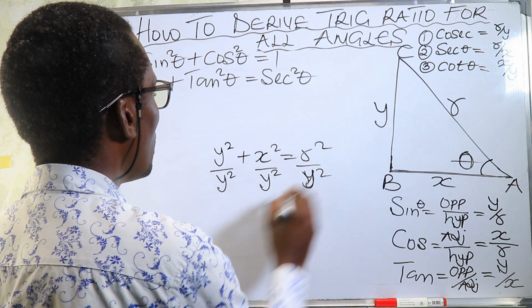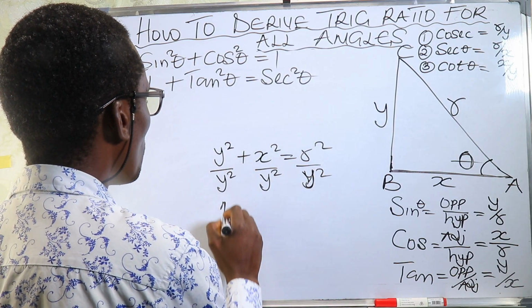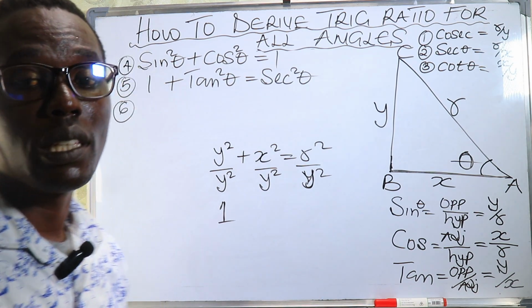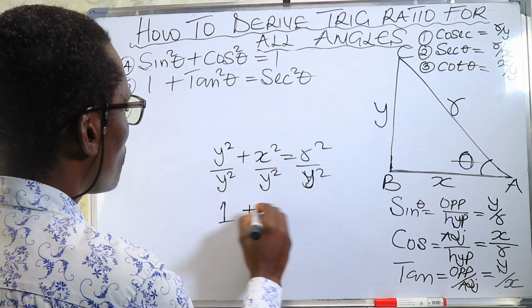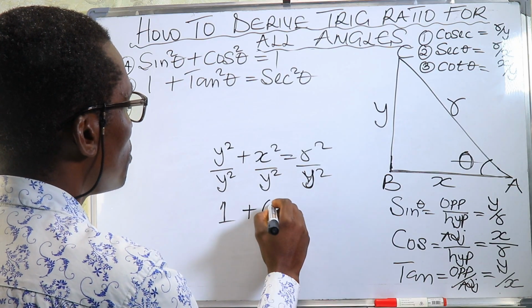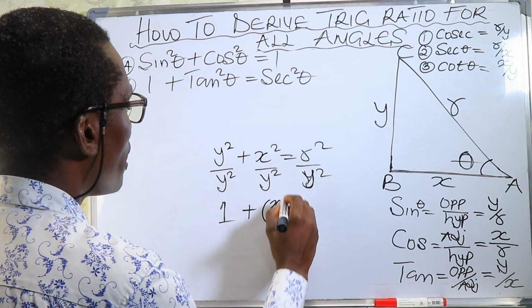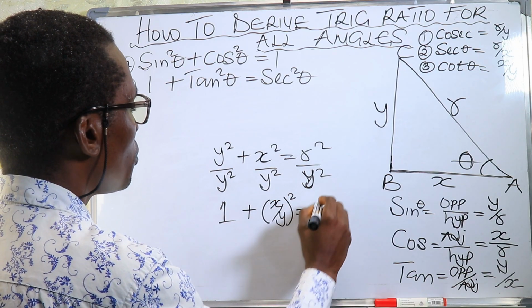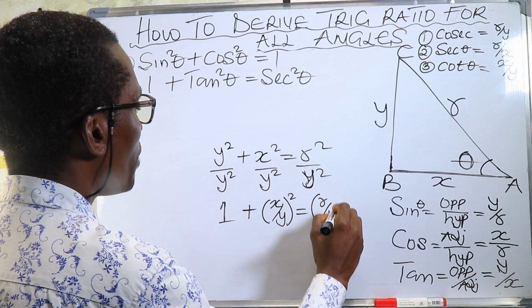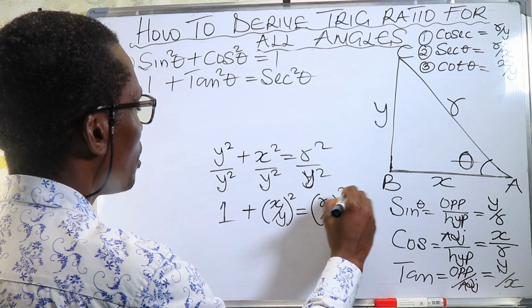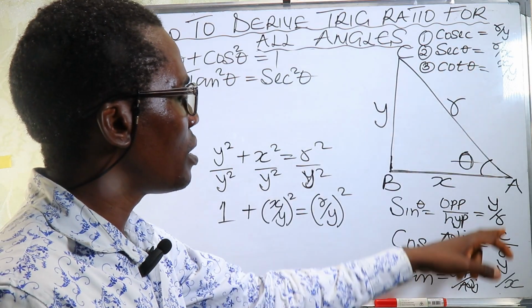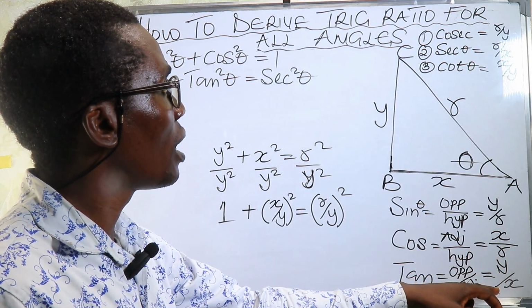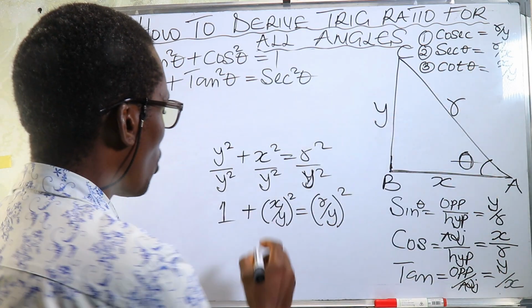Y square. This and this go give us wetin? 1. Abi, that and that will give us 1. Then this go give me plus x divided by y all squared equal to r divided by y all wetin? All squared. Now wetin be x divided by y? X divided by y na cot.